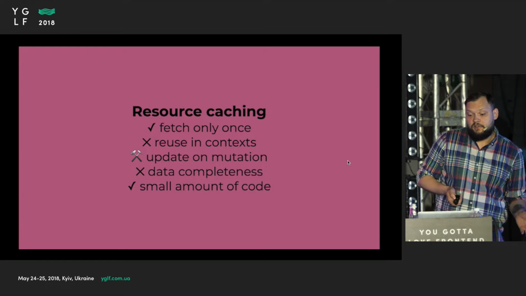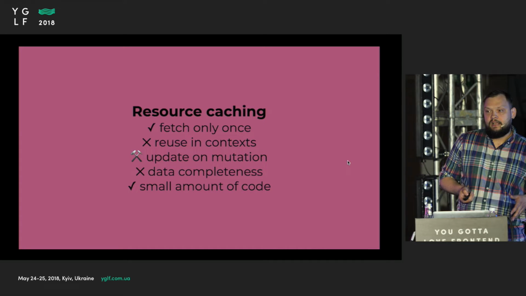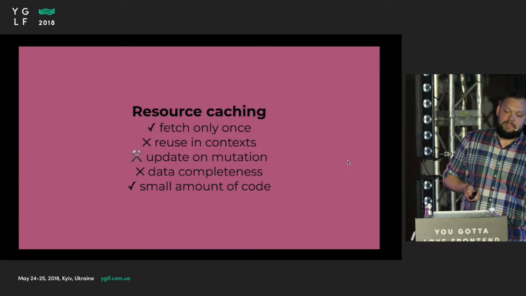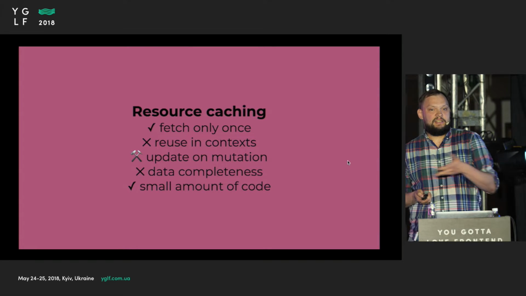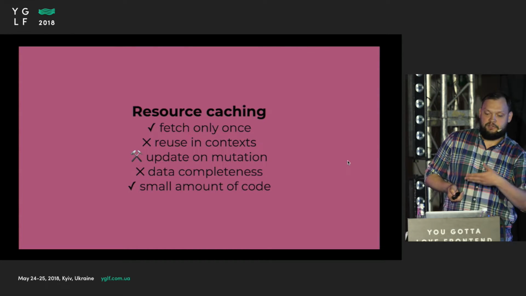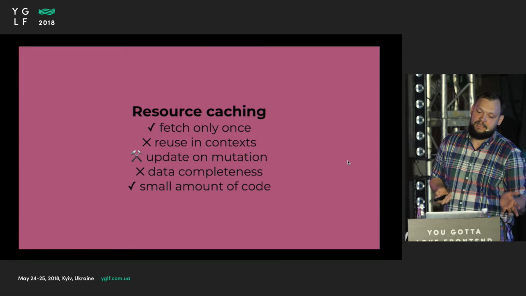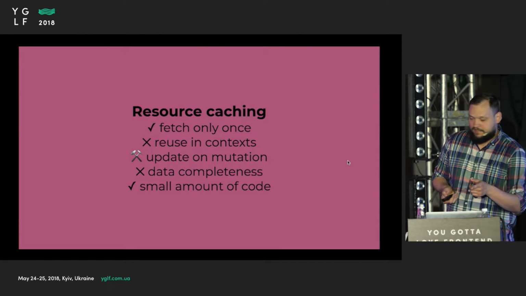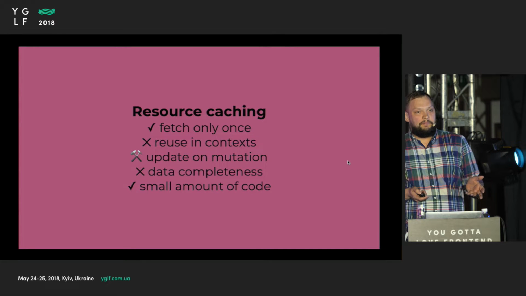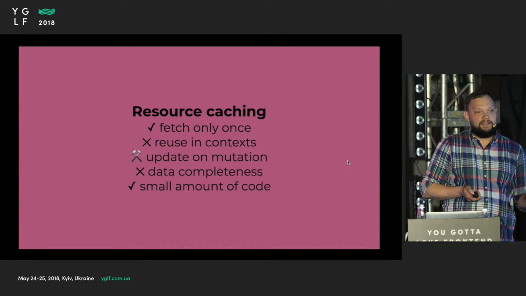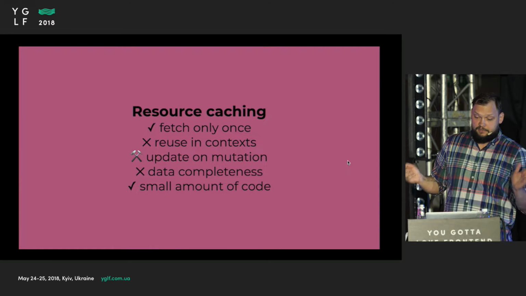But it's not possible to use in context because there's no way for your cache to know that when you're moving, for example, from a list, that the ID service for pictures is actually the same service, and that you can probably reuse the data in there. And you can invalidate stuff manually, and this is two hammers, which means that you have to write code to do it by just invalidating the services that are affected by mutations. And yeah, it doesn't know anything about data completeness, but it's super simple.